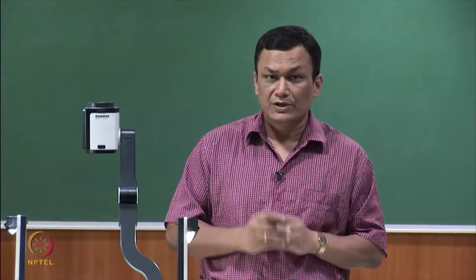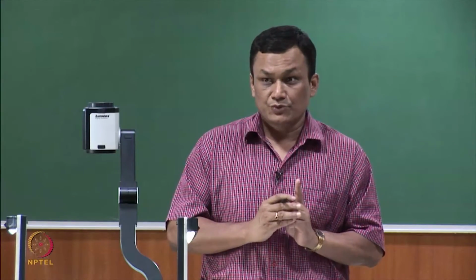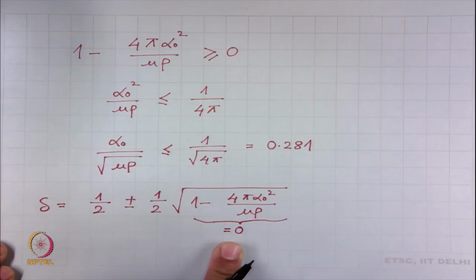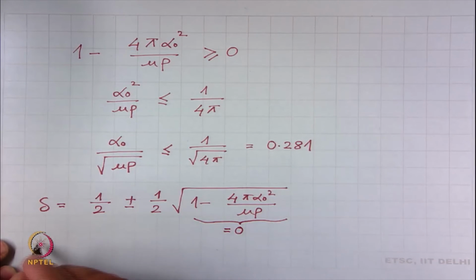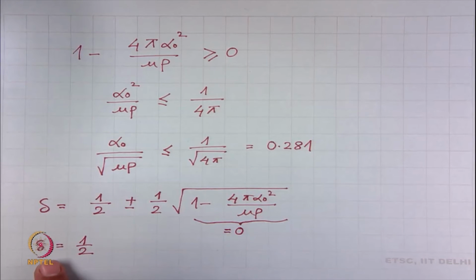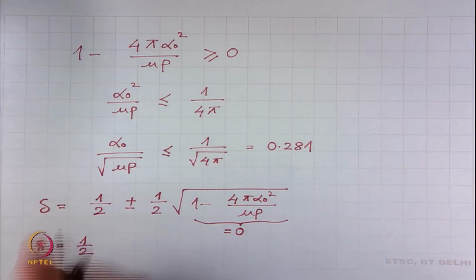Let us work on the minimum value, because we have to find out one limit of twisting, right. So, this is equal to 0 minimum value, then what you will get? Half. So, this is the limit of retraction. This is the limit of retraction. Okay.